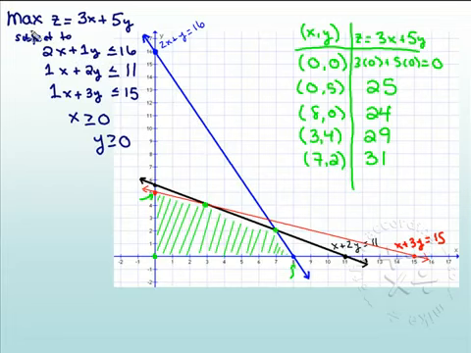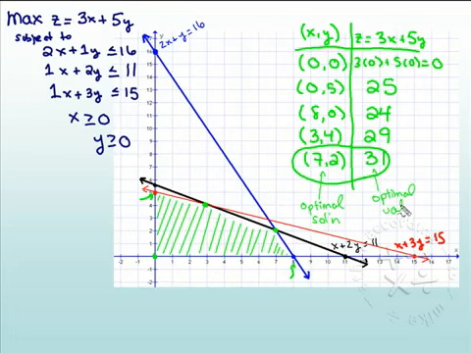Now let's go back to the objective function we're trying to maximize. And notice we did that right here. 7, 2 is called the optimal solution. And 31 is the optimal value. So what does that mean for this problem?